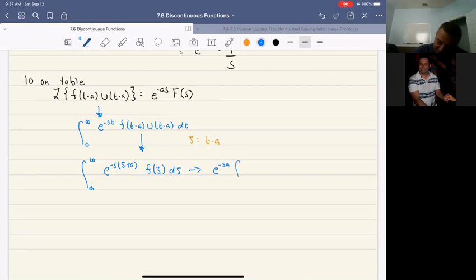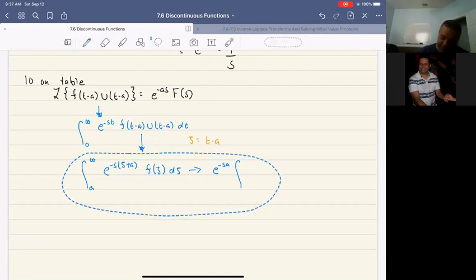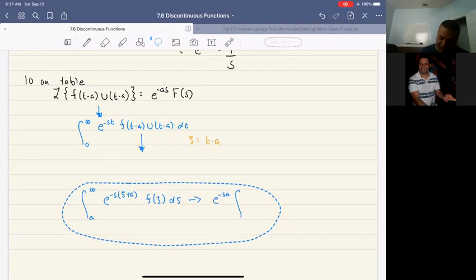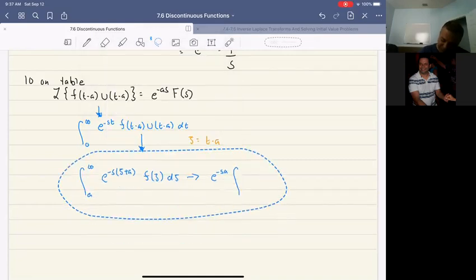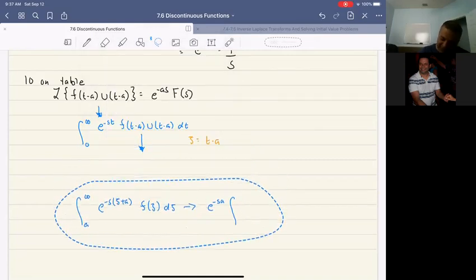Okay, the integral, oh, I did too many things there. Let me put a step in, because this is actually not right. Let me put this step in.